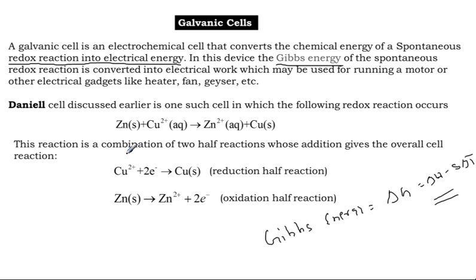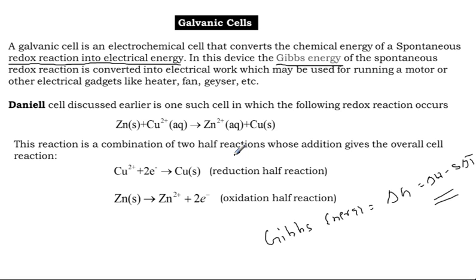In one half reaction, oxidation occurs, and in the other half reaction, reduction occurs. So Cu2+ in aqueous state, the electrolyte, is reduced to the pure form of copper by means of a reduction reaction. So on the right side of the electrochemical cell, reduction occurs, on the left side oxidation occurs. The reduction half reaction is Cu2+ accepting 2 electrons and becoming pure Cu(s).